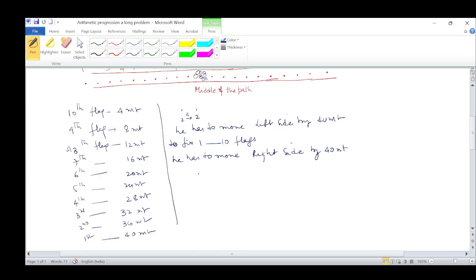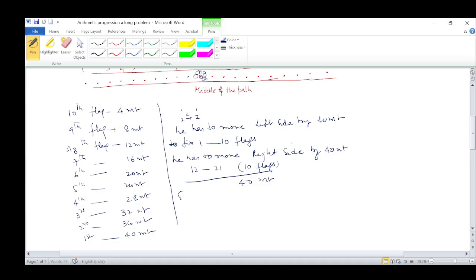So it will become again the 40 meter, from 12 to 21. I mean again the 10 flags. It is again a 40 meter. 1 to 11 is already fixed, so 1 to 10, and from 12 to 21 is 40 meter.